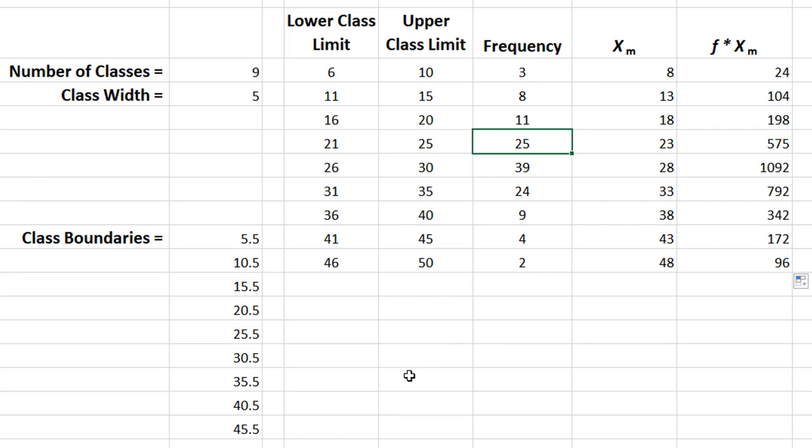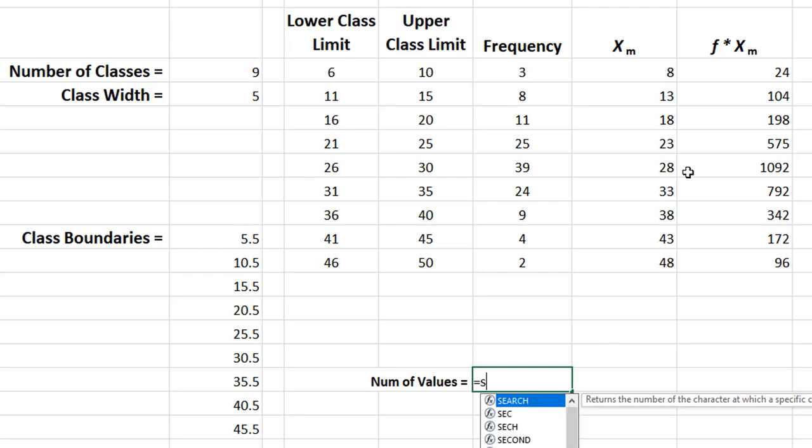So just someplace down here, I'm going to say number of values equals, and we'll use that old sum formula.